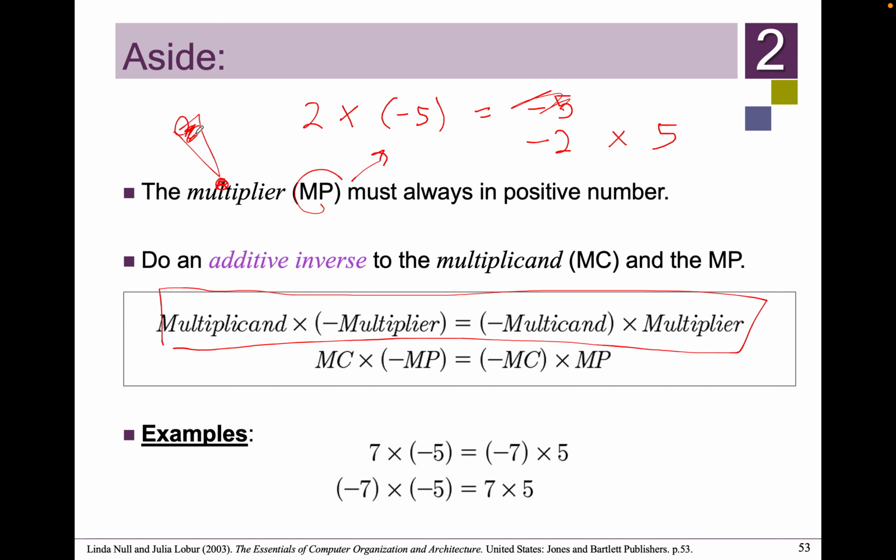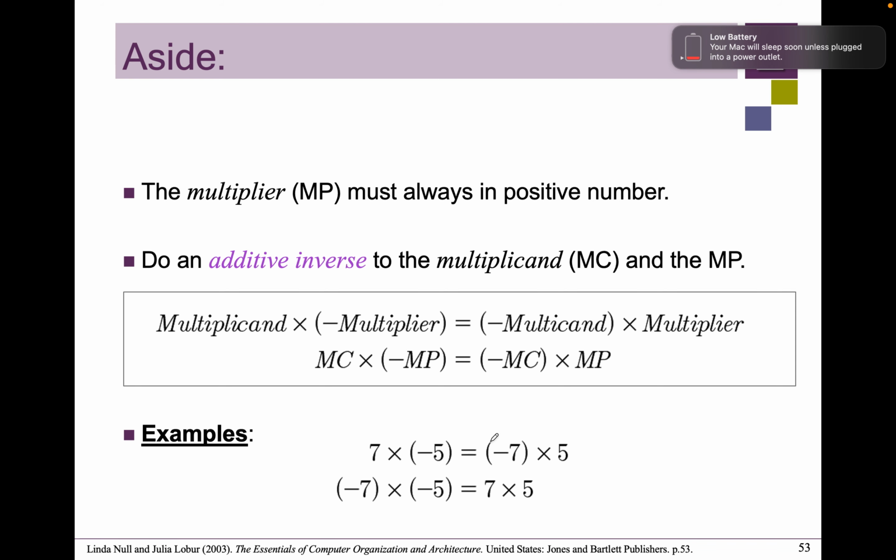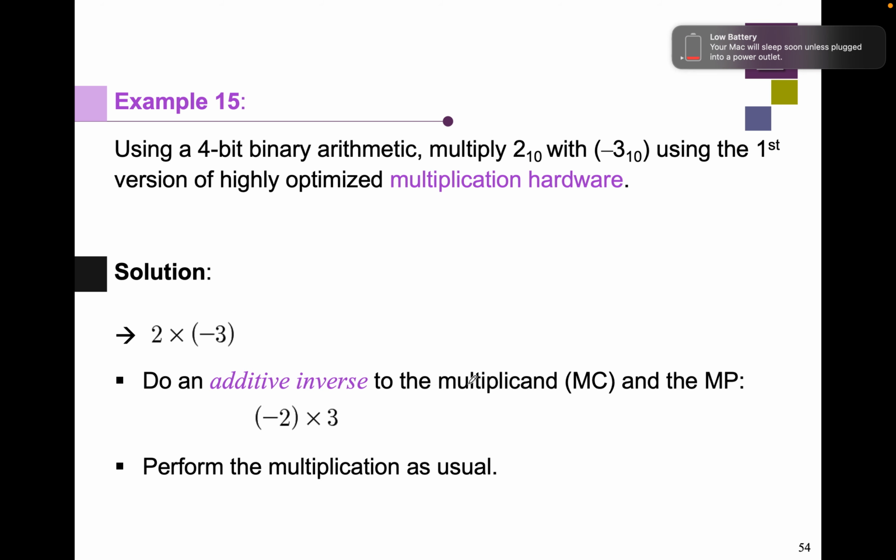Okay, you need to remember this. Example over here, 7 times minus 5 equals negative 7 multiplied with 5. If let's say you have both negative, of course it's easy for you. You get a positive number always. Similar thing when you apply a negative value. So there is an example here. You need to multiply 2 with negative 3.